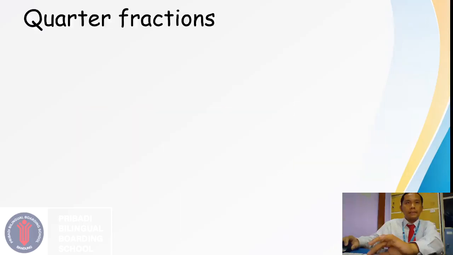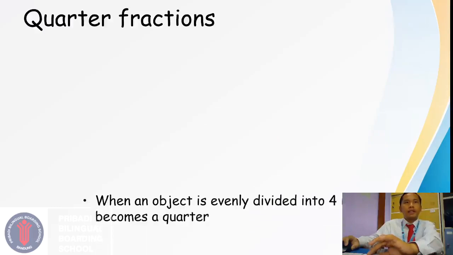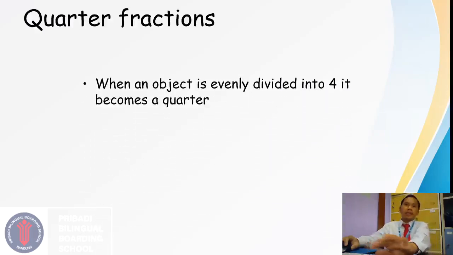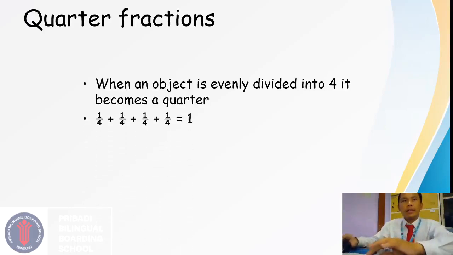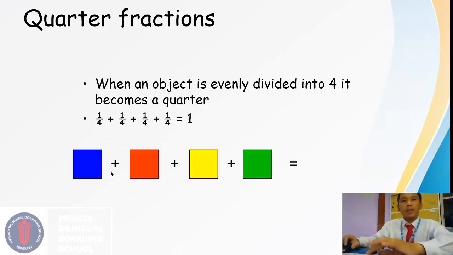The next term is quarter fraction. When an object is evenly divided into four, it becomes a quarter. So one object is divided into four, and each part is called one quarter or a quarter. Let's see the examples. There are four parts here.